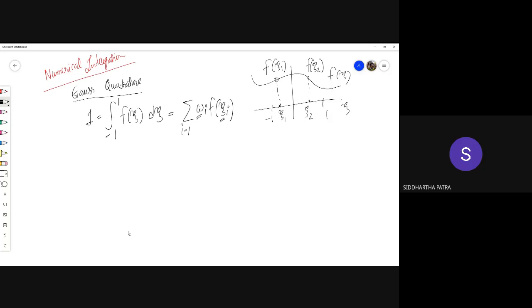Now these xi i's are not the nodal coordinates. These are the coordinates of something called integration points, and they are typically lying within the element.